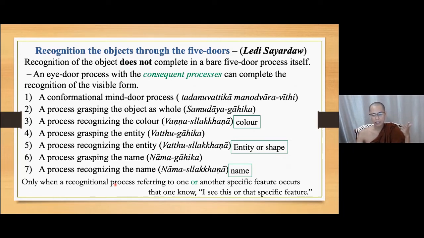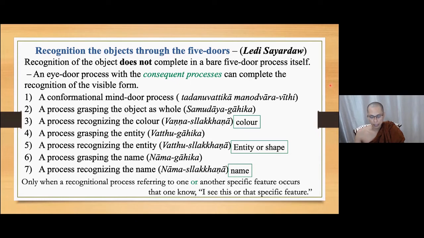And sometimes I hear, but I cannot grasp or recognize the shape. That's why the recognition or the grasping process will be absent. But this is the possibility, the complete set of the consequent process. So this is the explanation of the Lerisiaro.